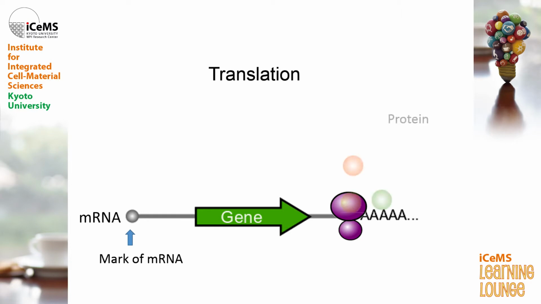When the ribosome finds the encoded gene in the messenger RNA while scanning, protein synthesis starts. It is an important thing that the ribosome scans from the mark at the end of the messenger RNA. Please remember this part.